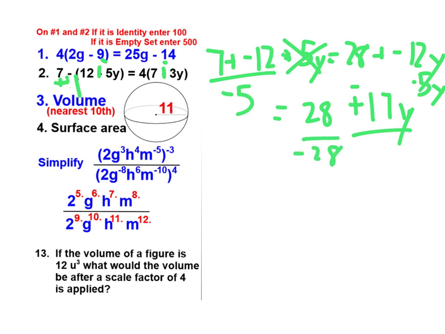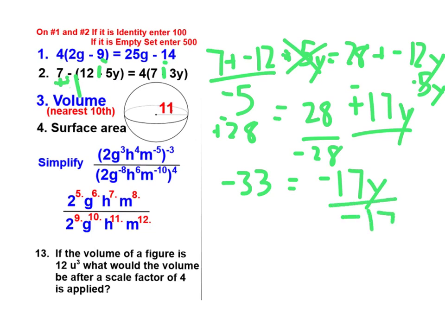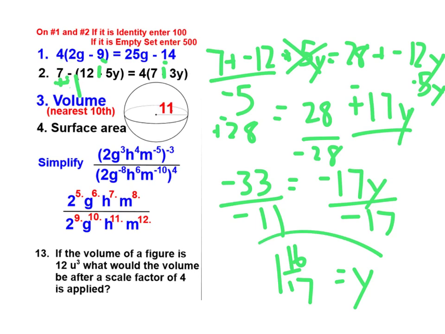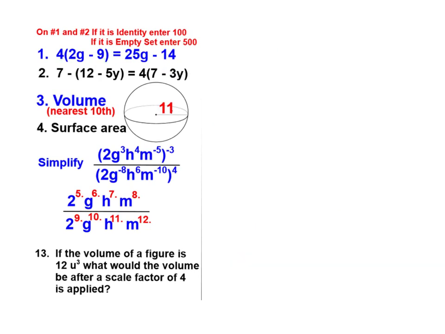I subtract 28, leave change opposite, that gets me negative 33 equals negative 17y. Divide by negative 17, and I get 1 and 16/17. Okay, so y equals 1 and 16/17.